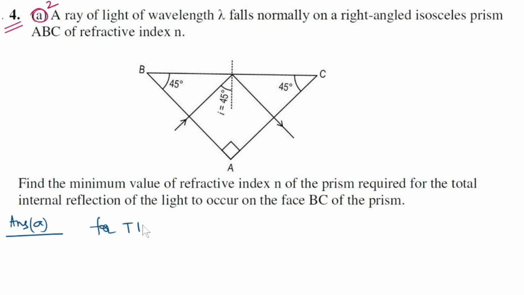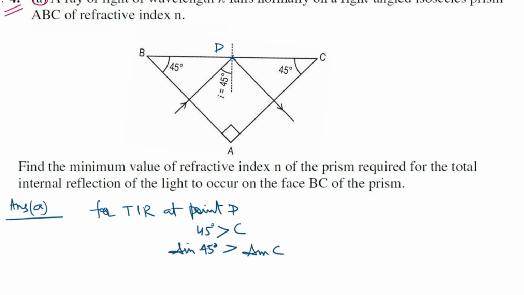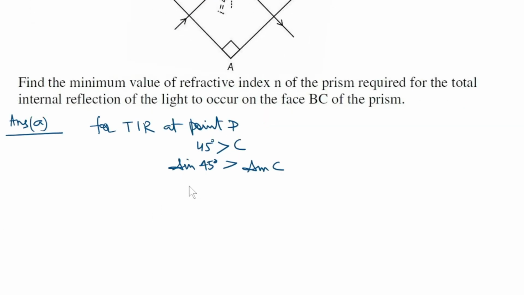For total internal reflection at point P, let's assume this point to be P, the angle of incidence, which happens to be 45 degrees, should be greater than the critical angle. Take sine on both sides, that is sine 45 degrees is greater than sine C. Further, on the left hand side, sine 45 degrees is 1 by root 2.